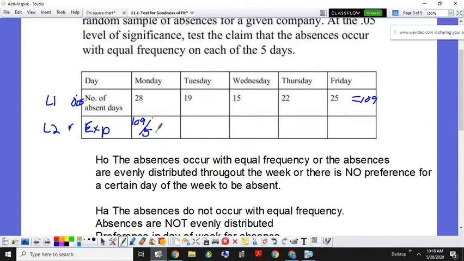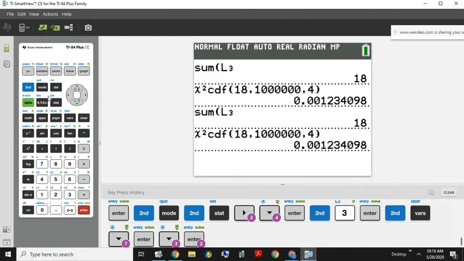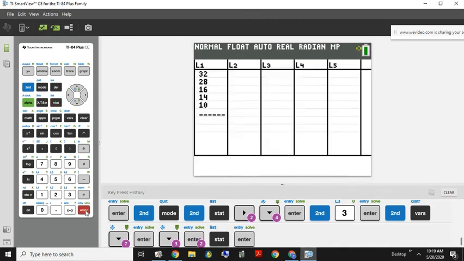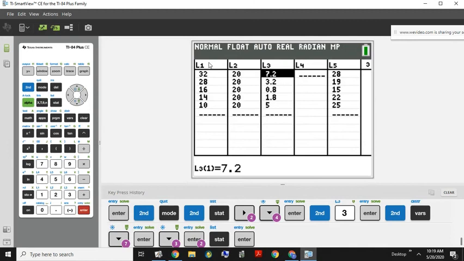When you do that, you get 21.8 for each of these. Leave it as a decimal. These expecteds are a theoretical number, so don't round them. It'll throw your problem off. So leave those as 21.8. So graphing calculator, everybody's going to go into stat, edit. I need to clear my list from my other problem.